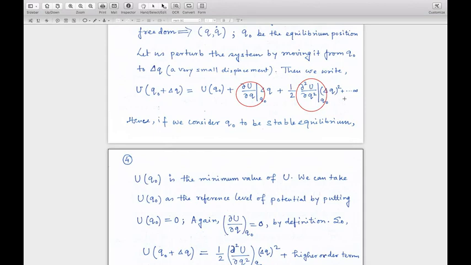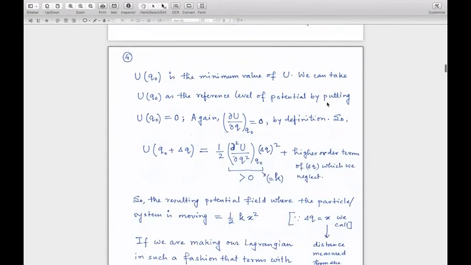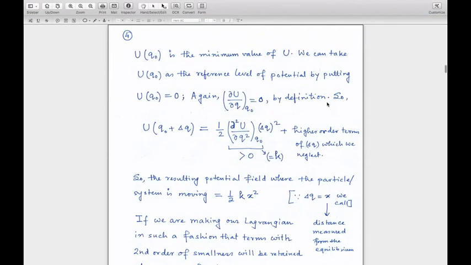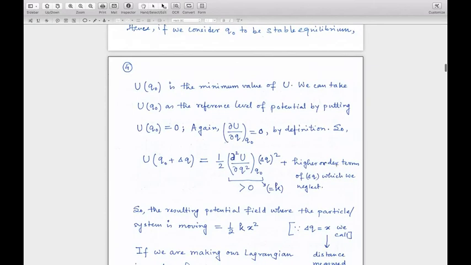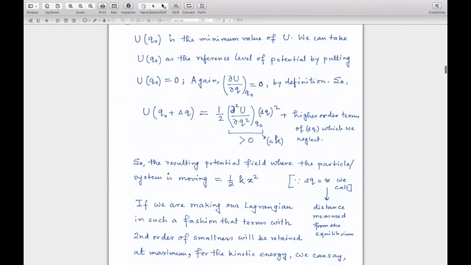We could have actually just taken up to first order, but as the first order term vanishes due to the equilibrium condition, this is the first non-zero contribution, we have to take that. So the first non-zero contribution is of second order of smallness, right? We are just neglecting any higher order terms of delta q here for simplicity.